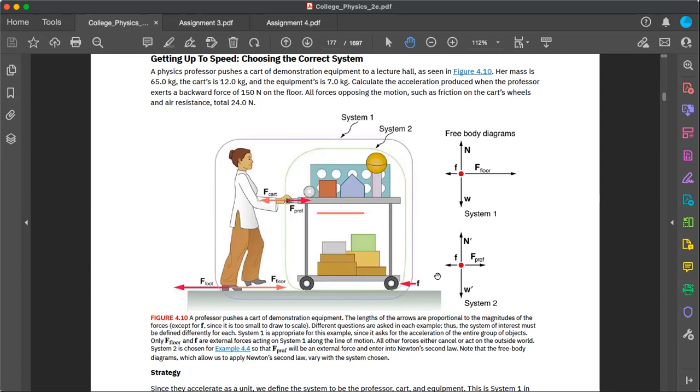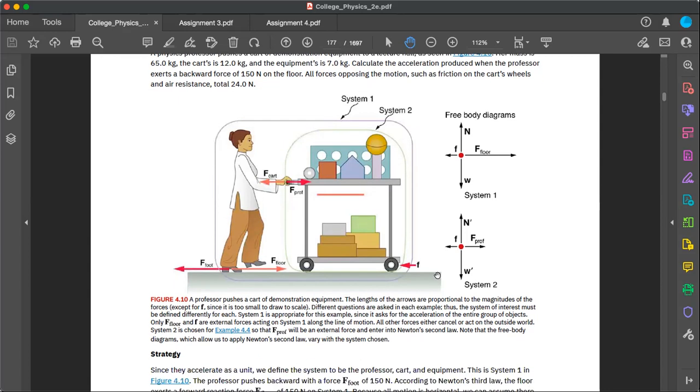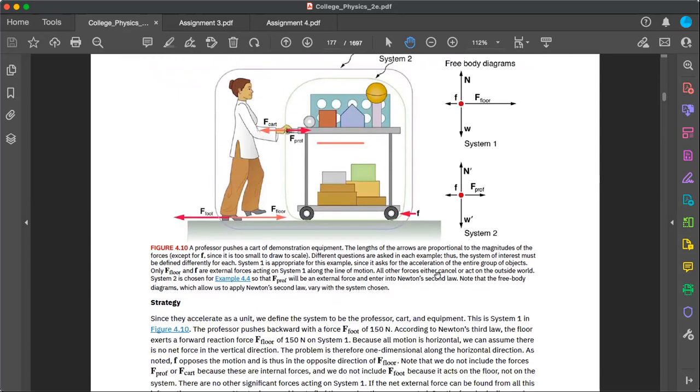There are two external forces here. One is the force of the floor, and the other is the force of friction, right? So these are basically the external forces. So the net force would be 150 minus 24 in the right horizontal direction.